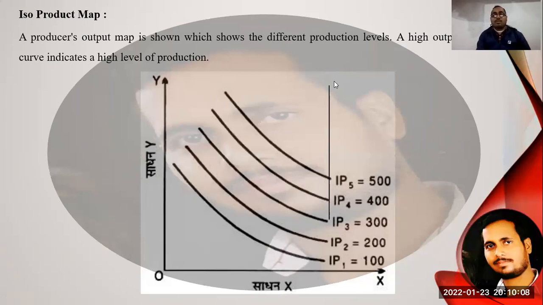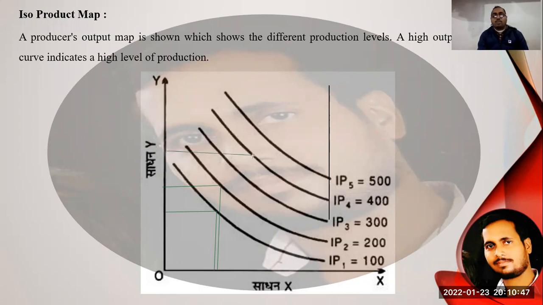See here, if we use this amount of X resources and this amount of Y resources, we get 100 output. But while we are shifting to IP2, our X and Y resources are increased. If the X and Y resources are increased, then automatically our output is also increased.